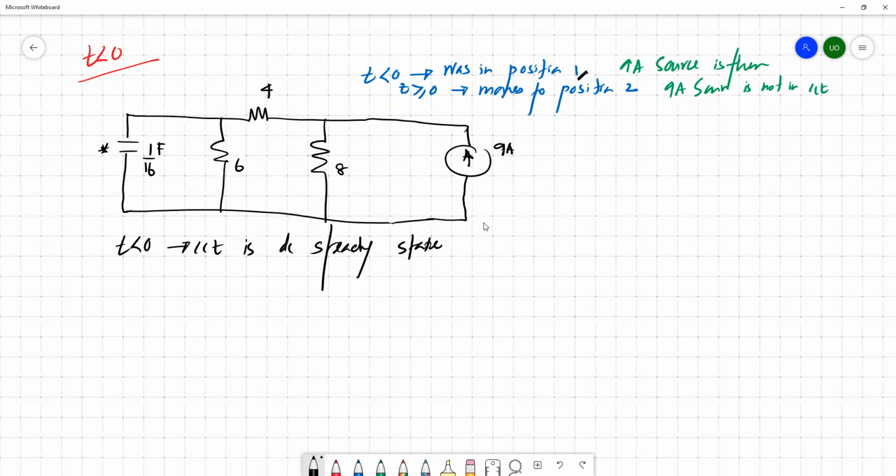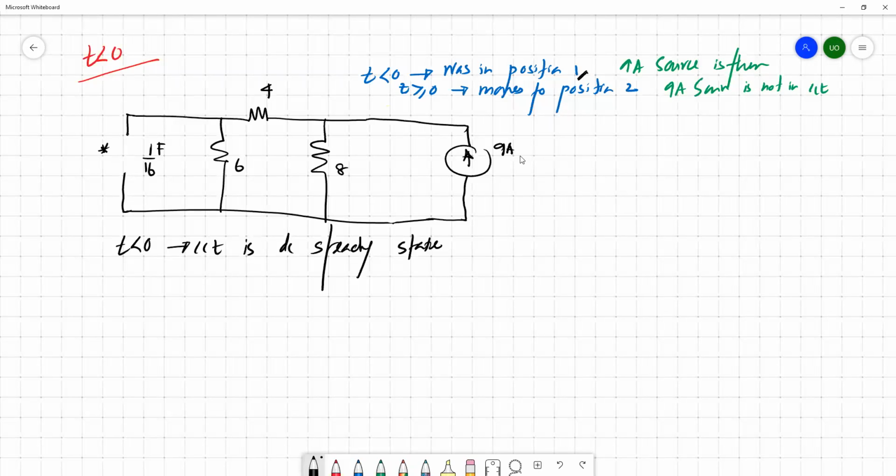So what happens once you connect this 9 ampere source to the circuit? For t equals 0 minus, just before the switching happens, the circuit comes to a DC steady state, which means this particular capacitor can be replaced with an open circuit element.